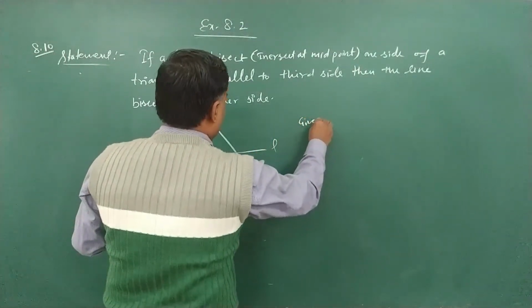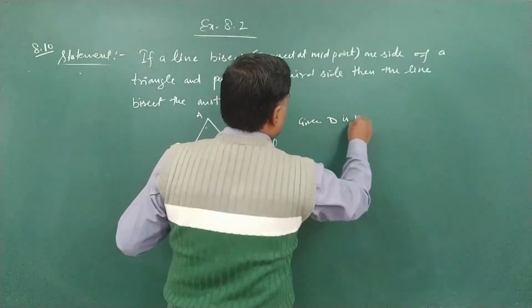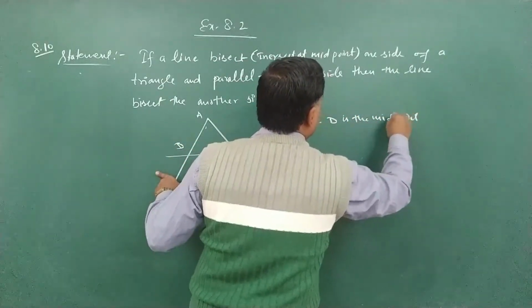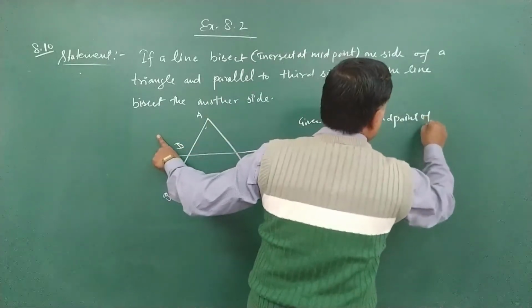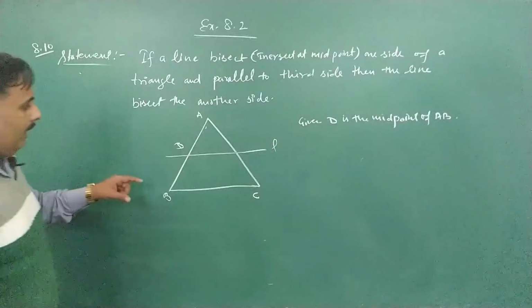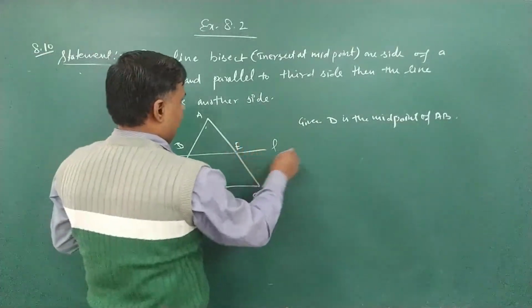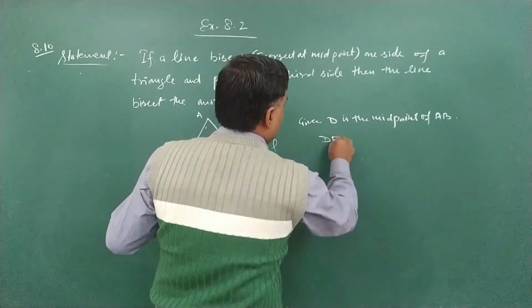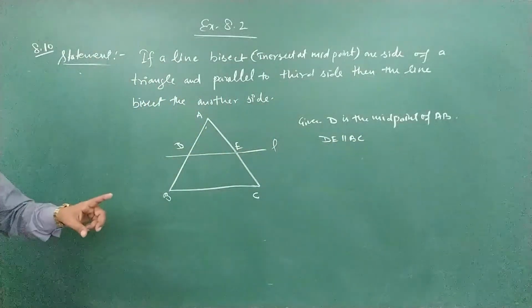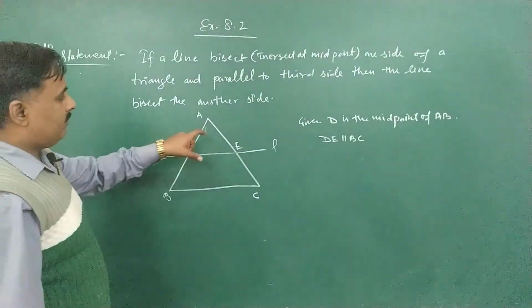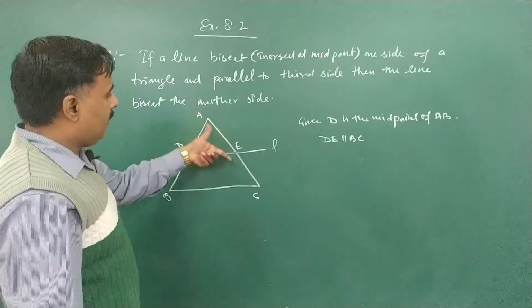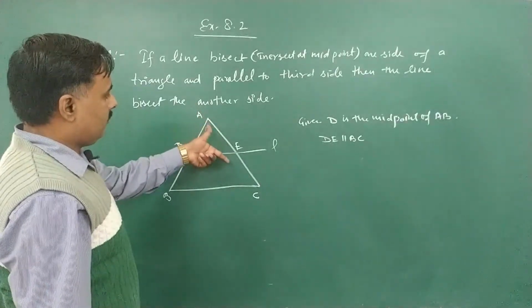It's given that D is the midpoint of AB, and DE is parallel to BC. So what does the statement say? It says that E is also the midpoint of the next side, the another side.